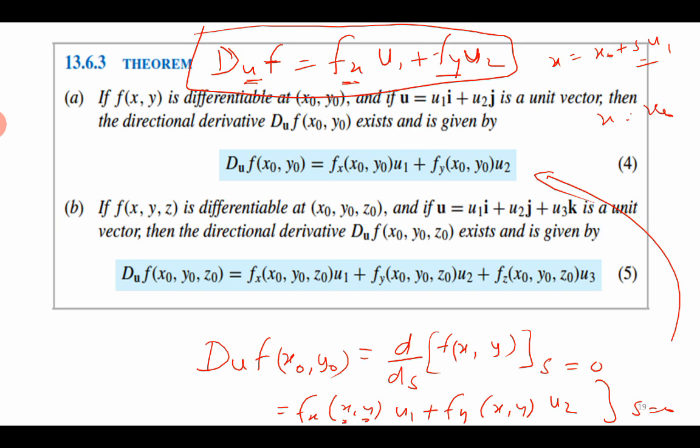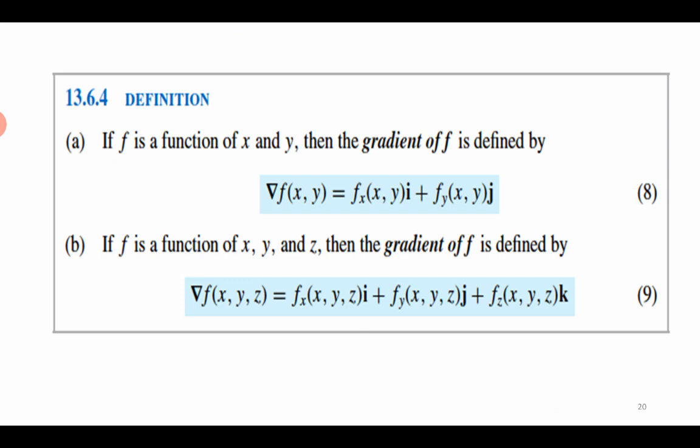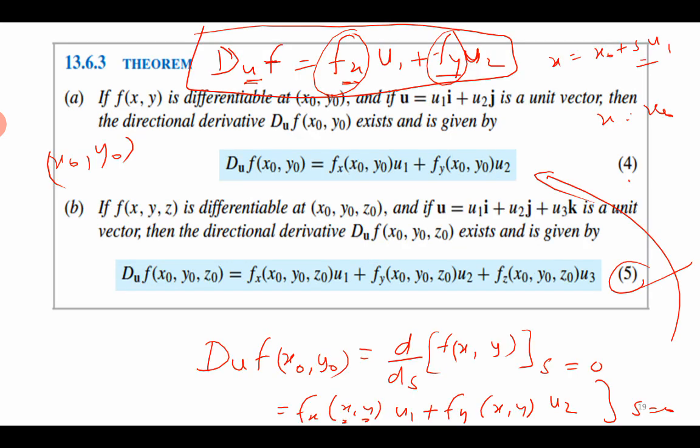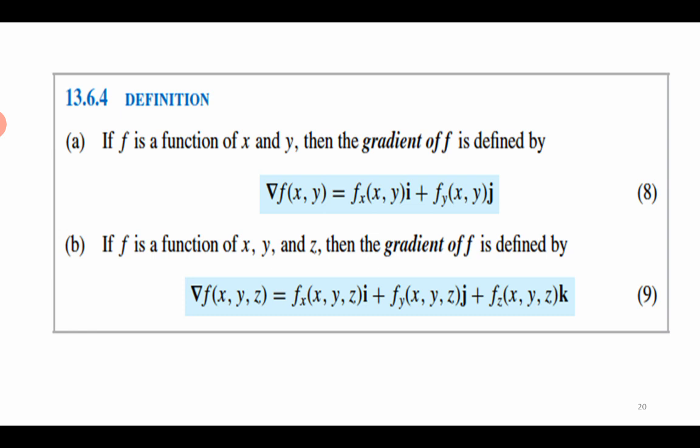Then we substitute the values x0, y0 to get the final values of fx and fy. That will be easy. Formula number 5 is just an extension of the same formula number 4 to another dimension. That is it. Let's see the concept, and we will express the directional derivative in a different way in this slide.